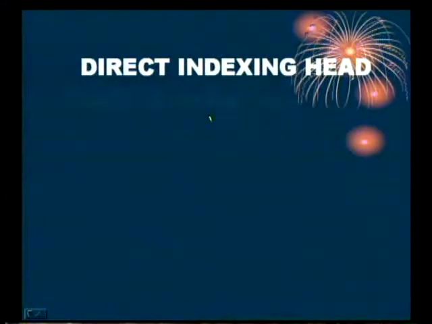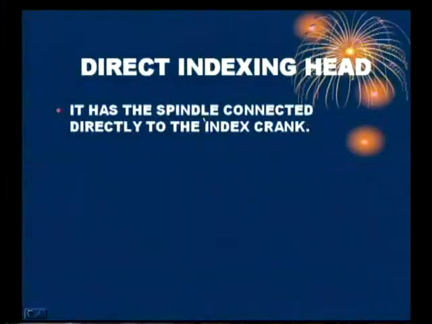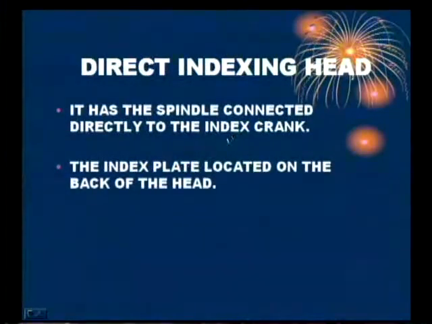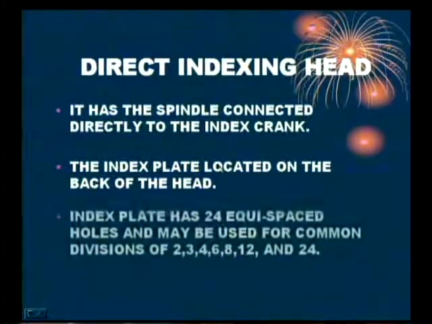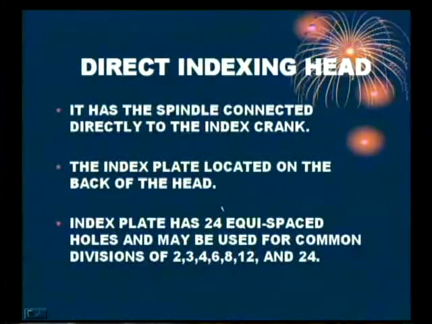First of all, the direct indexing head. Here, the spindle is connected directly to the index crank, and the index plate is located on the back of the head. This index plate generally has 24 equi-spaced holes and may be used for common divisions of 2, 3, 4, 6, 8, 12 and 24.